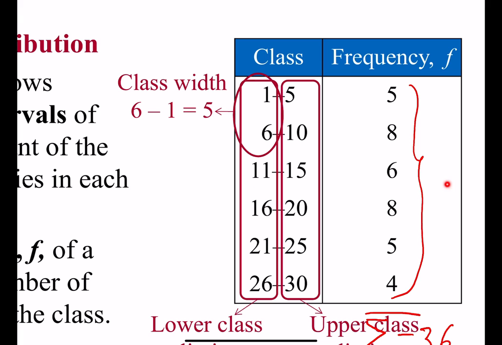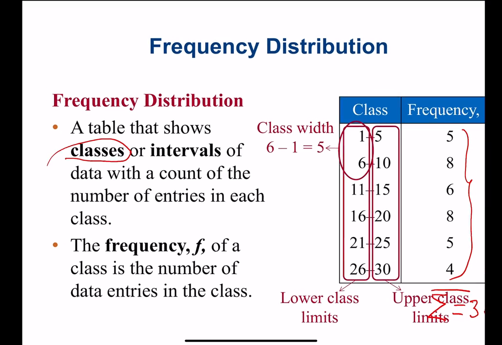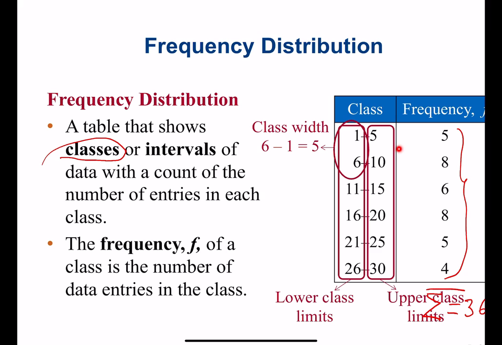The same way, 10 minus 5 is 5, 15 minus 10, and so on, 20 minus 15. That's what class width is about: the difference between two sequential lower class limits.